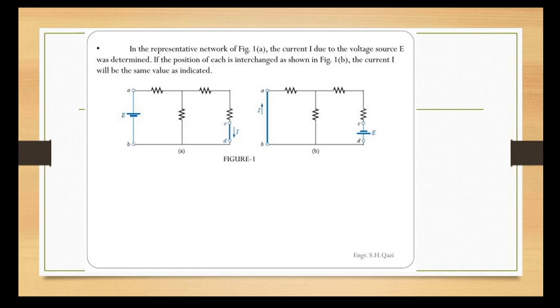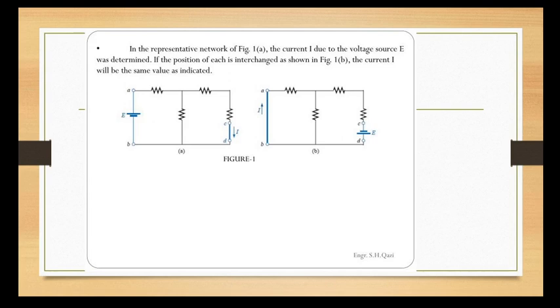So in the second figure you can see that the current is here and the EMF is here. If the position of the current and EMF is interchanged, the current will be the same in both the circuits. So that states the reciprocity theorem, and we can move on to the proof.